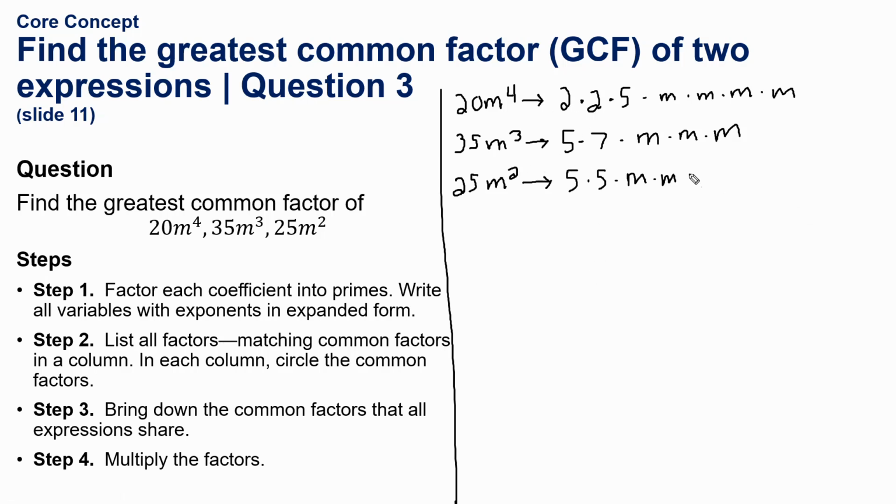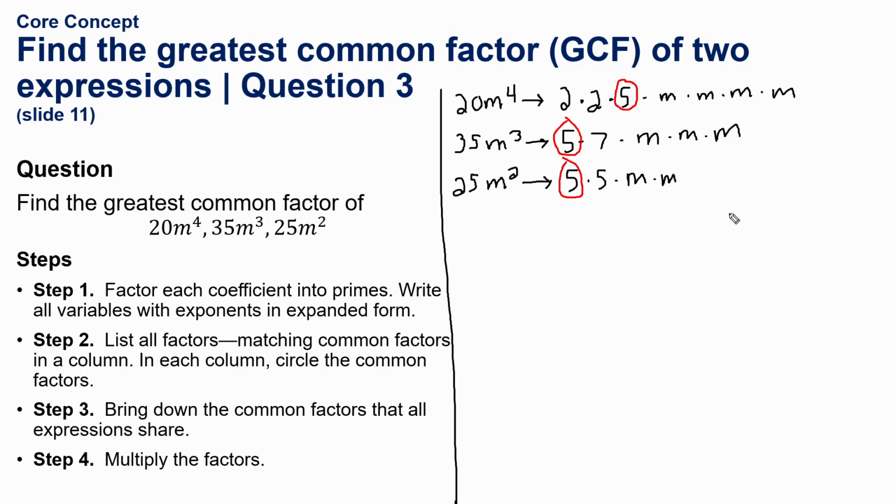I do see a number 5 though. There is one 5 that appears here, here, and here. So I'm going to circle this first 5 here. Now I'm only going to circle one of the 5's because this other 5 that's in 25 is not covered in the other 2 ones, right? I then also have a number 7. Number 7 does not appear in these lists, so I also need to leave that uncircled.